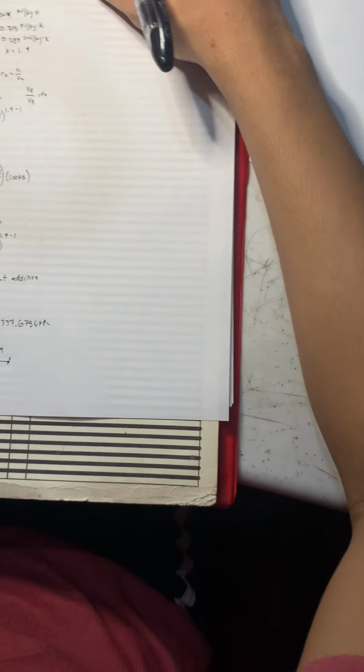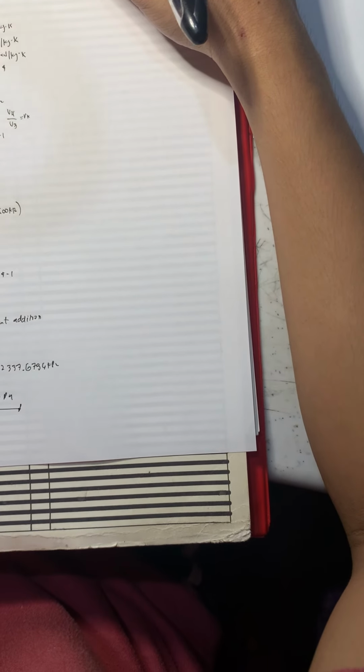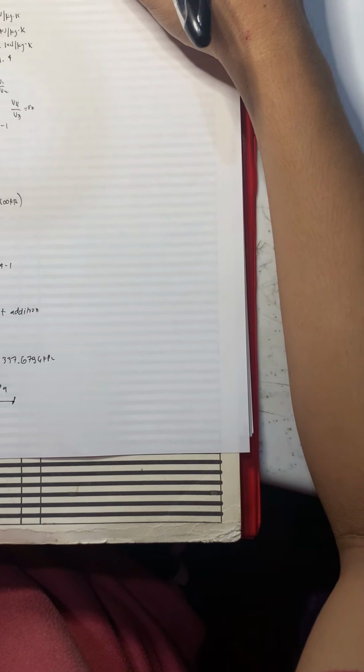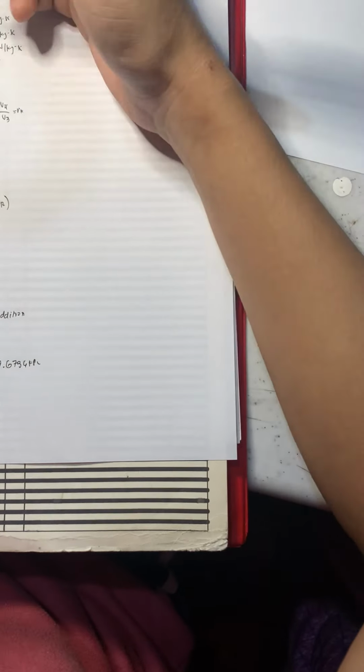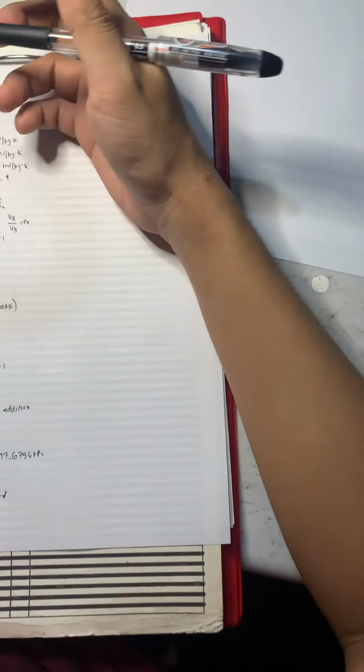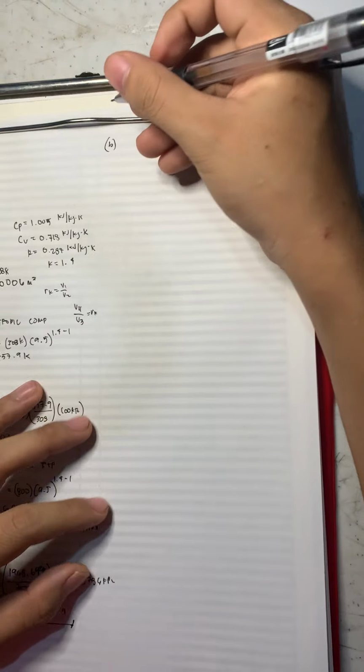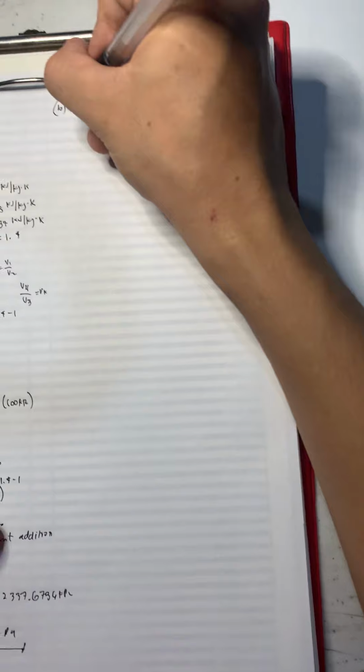Now let's go to B. B is the amount of heat transferred. For B, first we need to find the mass.